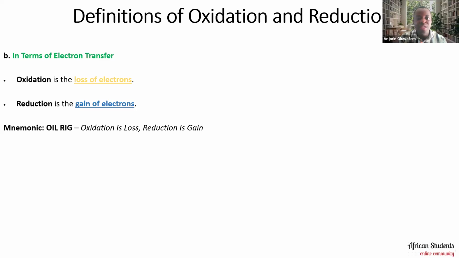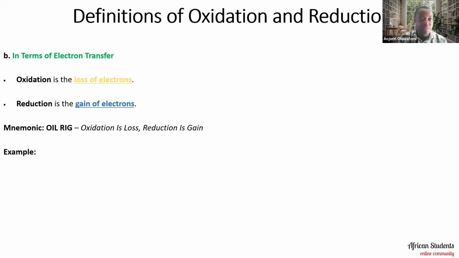Then RIG: reduction is gain. So if you want to define oxidation and reduction in terms of electron transfer without stressing your brain, just remember OIL RIG: oxidation is loss of electrons, reduction is gain of electrons. That's all, like the Hausas will say. Just remember the mnemonic, and it will be of great benefit to you.